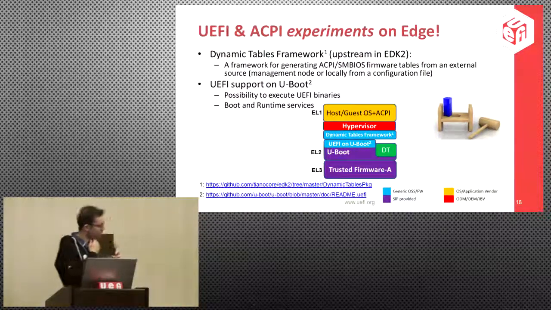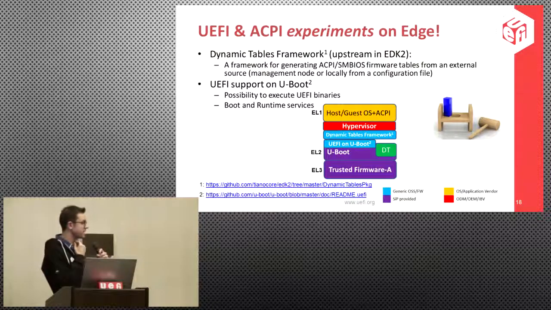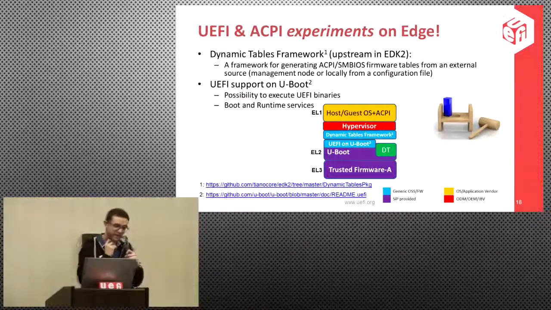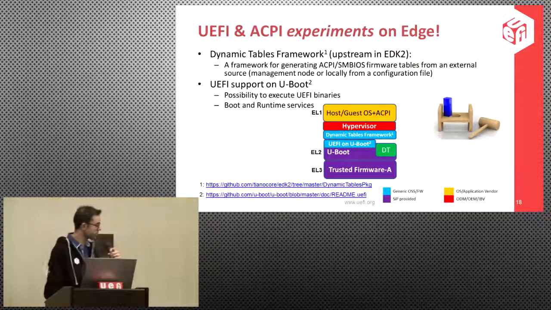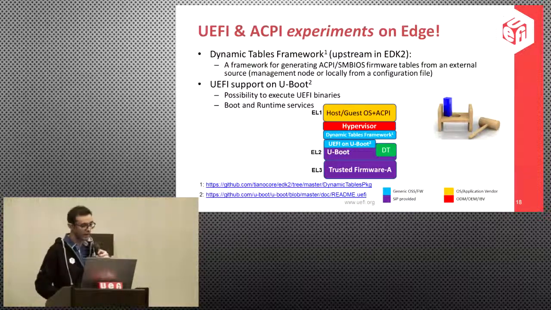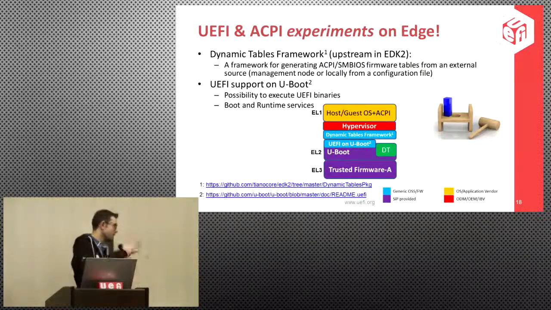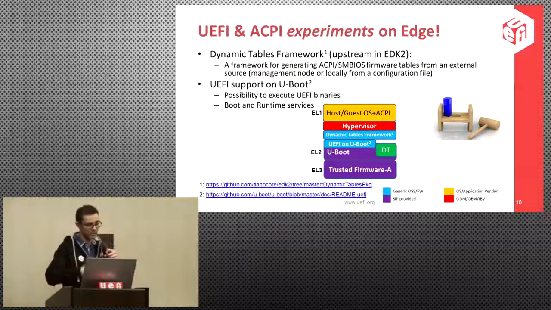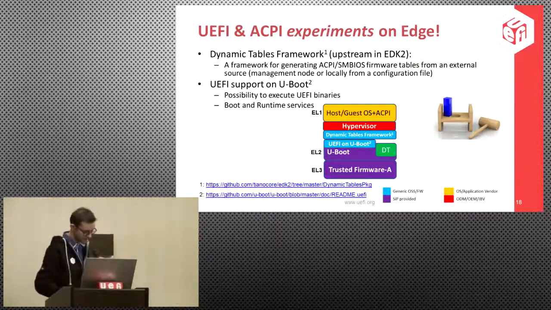What we are experimenting with at the moment is using the dynamic table framework that is now upstream in Tiano Core EDK2. It's a framework that we developed, and we have the maintainer here in the room, so if you have any questions, just get in touch. It's a framework for generating ACPI and SMBIOS tables on the fly at boot time, starting from an XML platform description that describes the hardware, all the CPU properties, all the system properties.